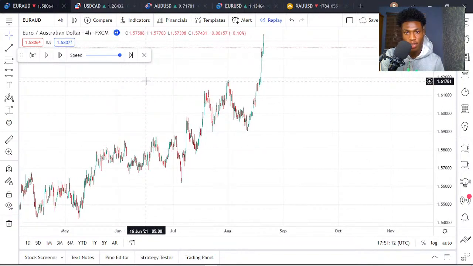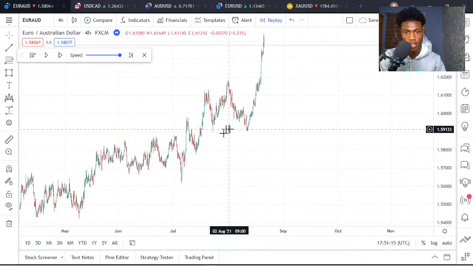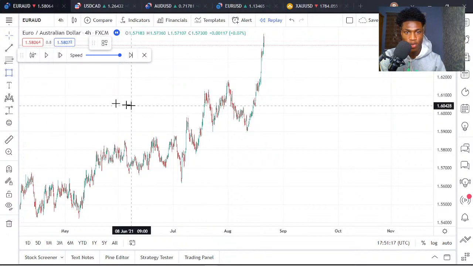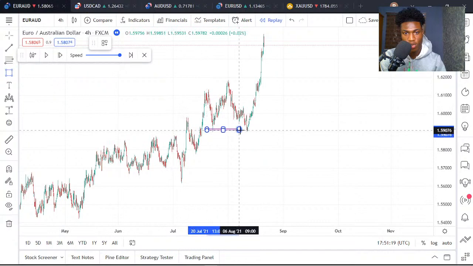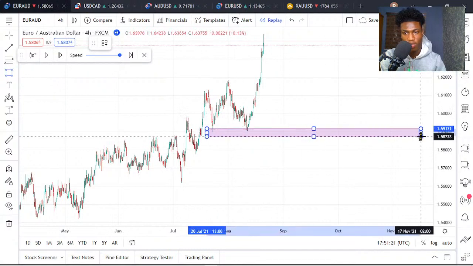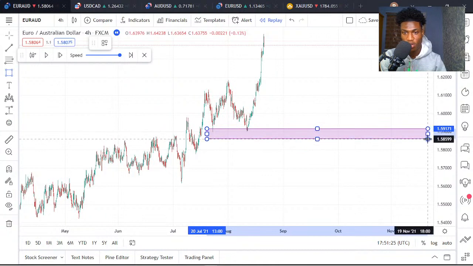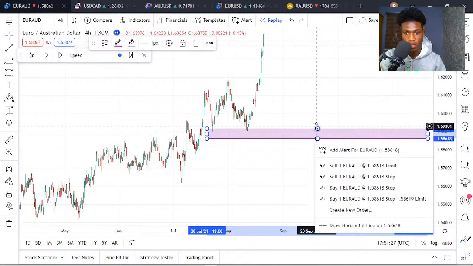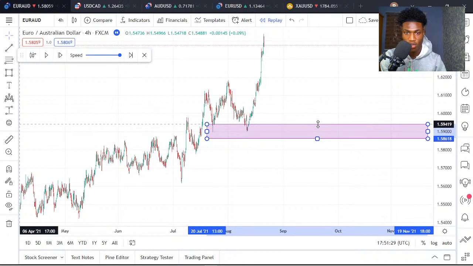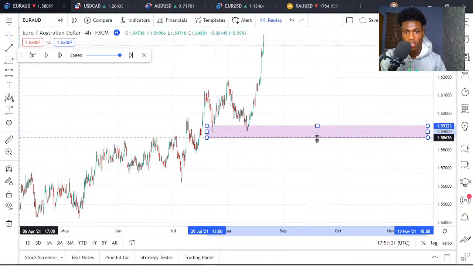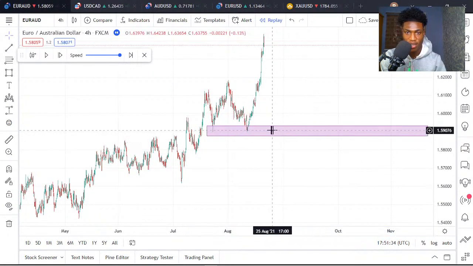So what just happened? Price has just created or indicated a support level. It's okay to use horizontal lines, but I prefer to use the rectangle tool because the market moves in zones. It doesn't always come down to the exact horizontal line.